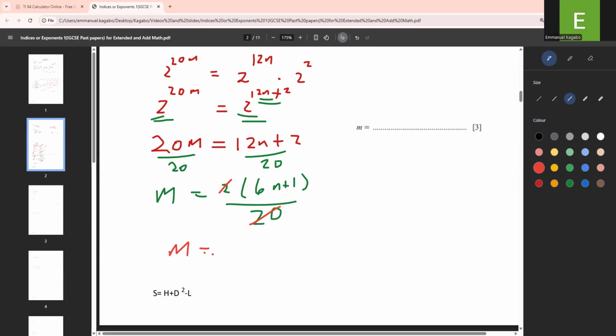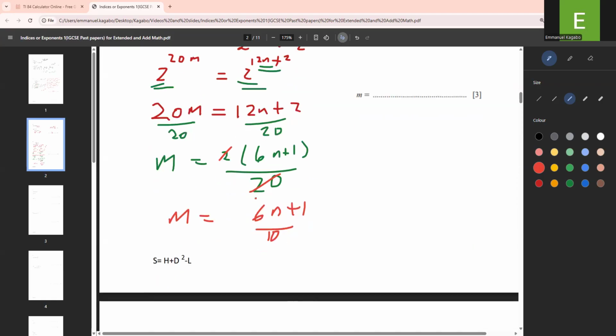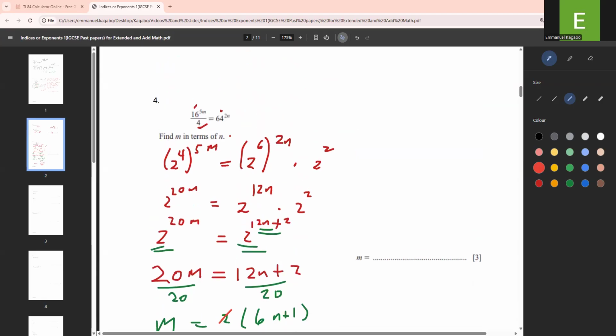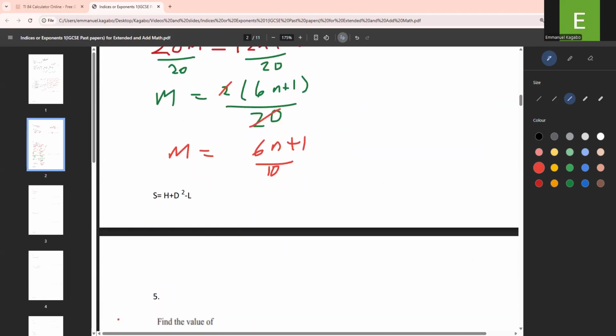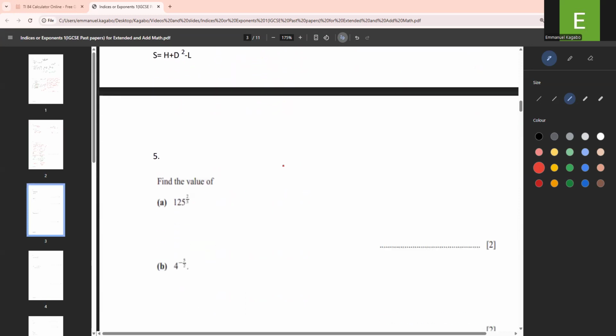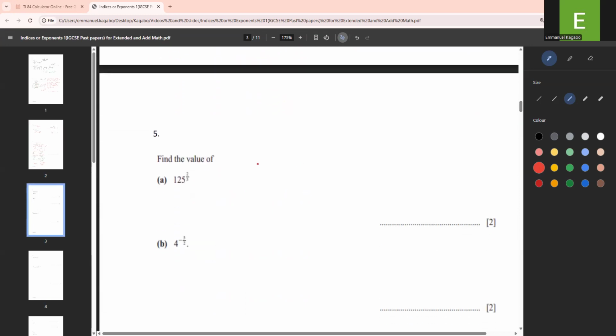So the final answer will be 6n plus 1 over 10, right? That is it. Very good, because they said find m in terms of n. Good. I hope you have understood. If there's any question, something that's not clear, please feel free to ask.